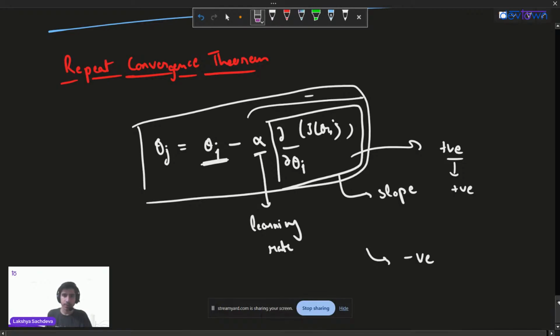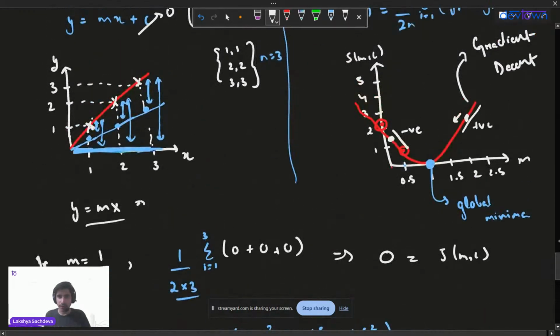Negative negative becomes positive, so we are going to add something to theta j.